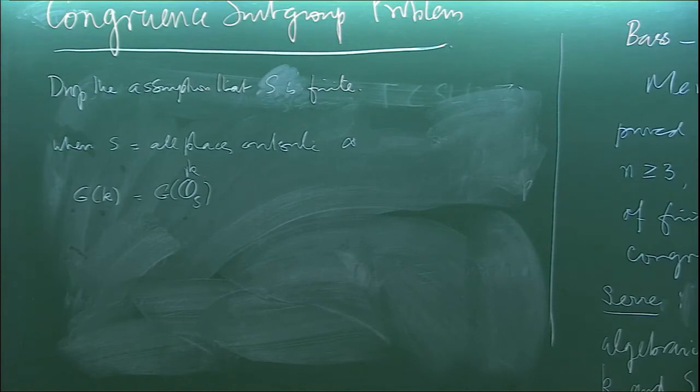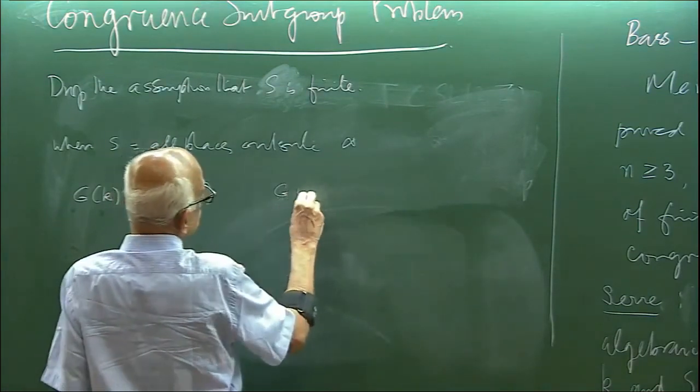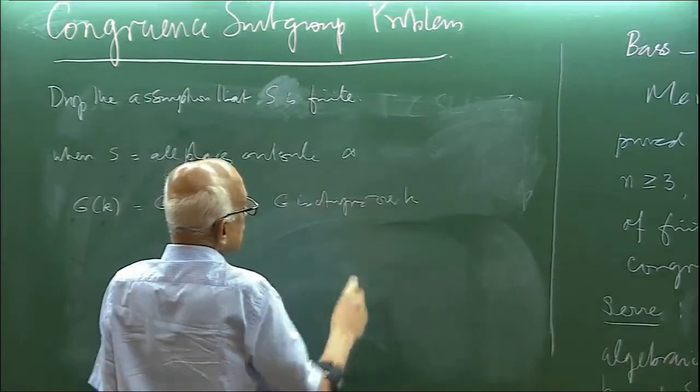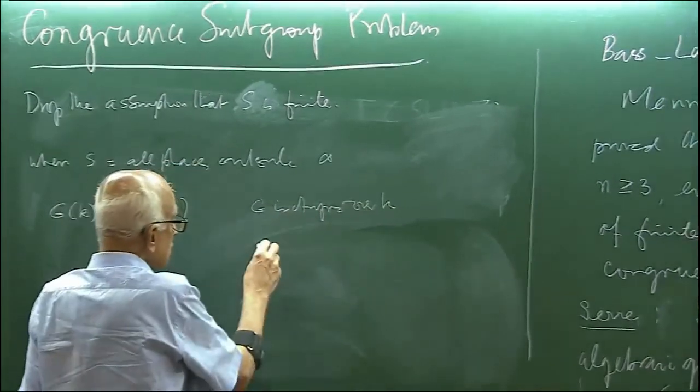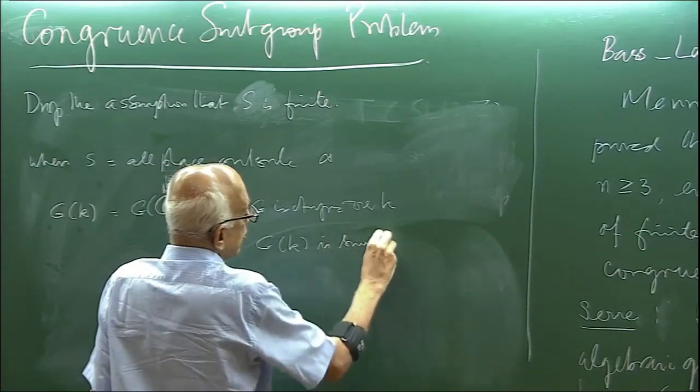That's the first question. If G is isotropic over K, it is now known that GK is simple modulo its center.